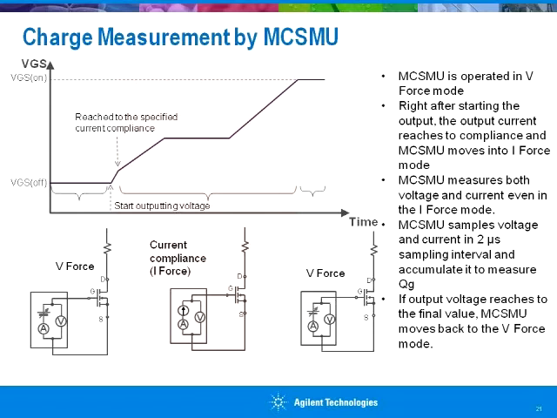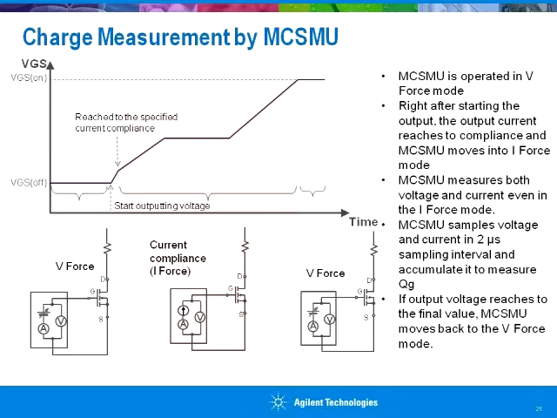During this transition phase, MCSMU operates in constant current mode, and it can measure voltage and current simultaneously. Then, from the measured current in 2 microsecond sampling intervals, we can calculate the gate charge by integrating the measured current. After the gate voltage reaches the target on voltage, the SMU goes back to the V force mode.